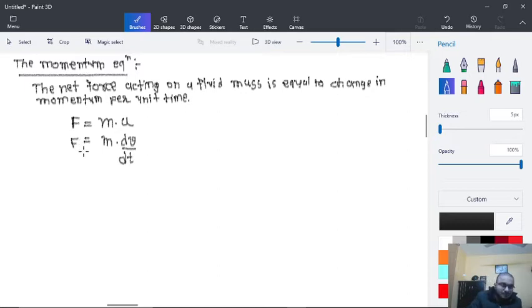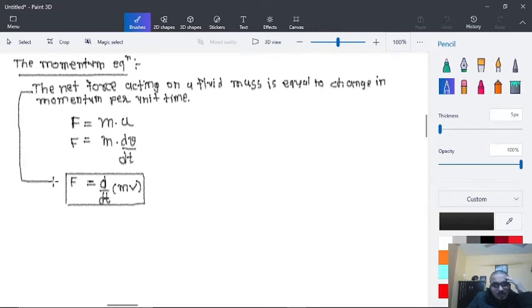Here the mass is a constant term, so we can take it inside. So F is equal to d upon dt of mv.